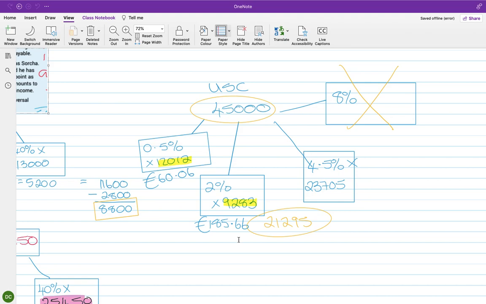So it is 1,066.73, and then add them together. So 1,066.73 plus 185.66 plus 60.06. So that is a total USC of 1,312.45. That one.